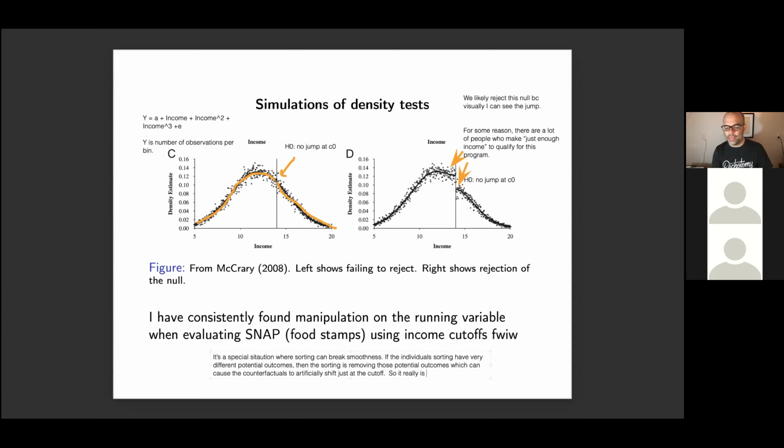So it really is about the values of the potential outcomes of those sorting individuals. You're pulling those potential outcomes out of the counterfactual and placing them somewhere else. As you move those units around and they're not there in the counterfactual, then the inference ends up being violated. So it's a matter of what the value of the potential outcomes are of those individuals that are shifting.